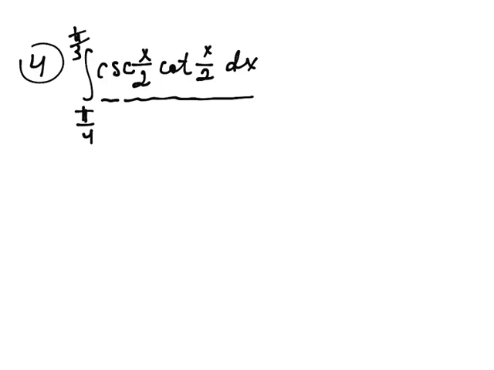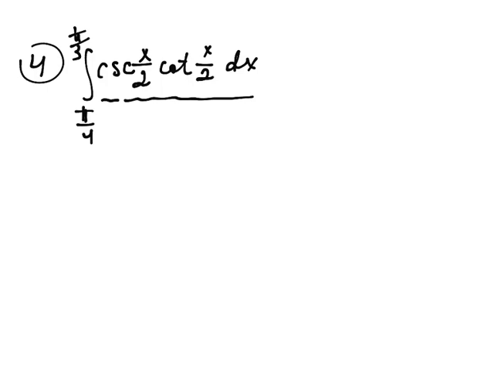The integral of cosecant x and cotangent x equals negative cosecant x. And if you forgot, then you need to pull out your notes and just sit down and memorize all the formulas. That's very, very important.